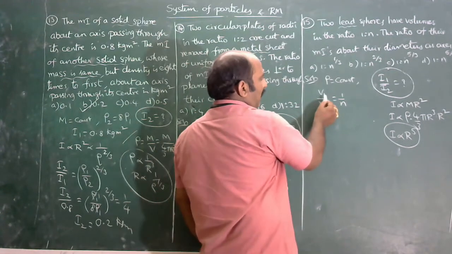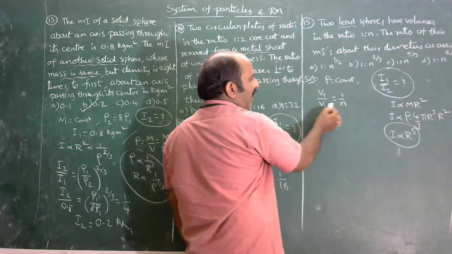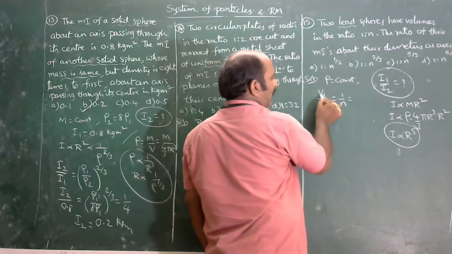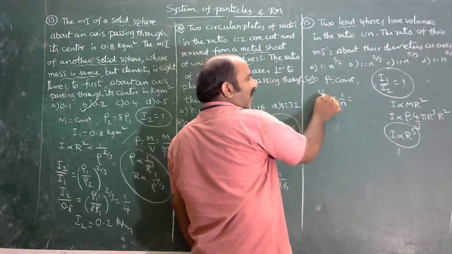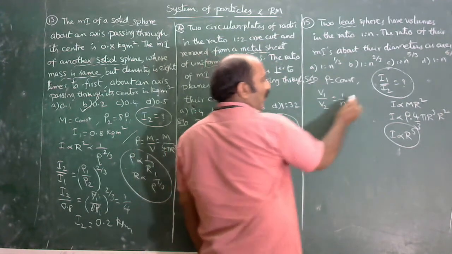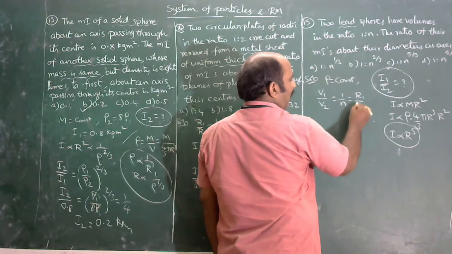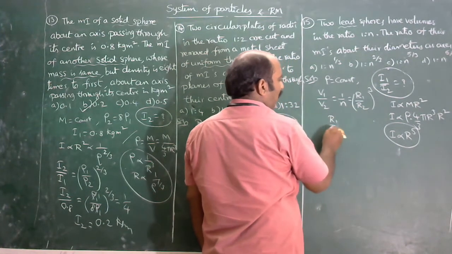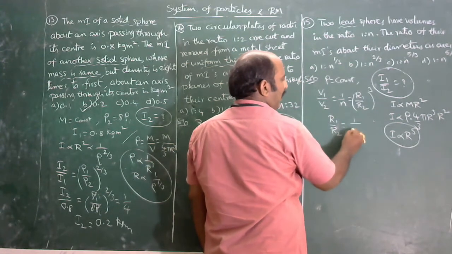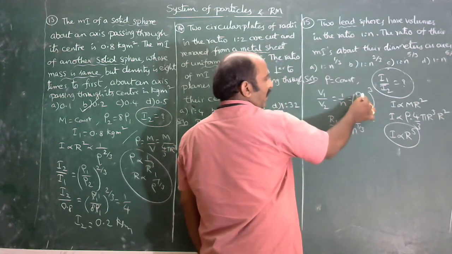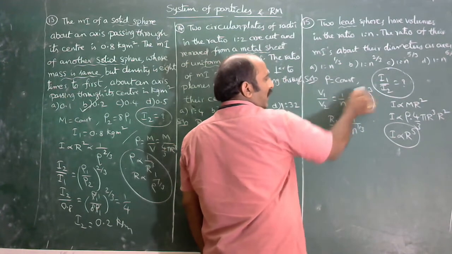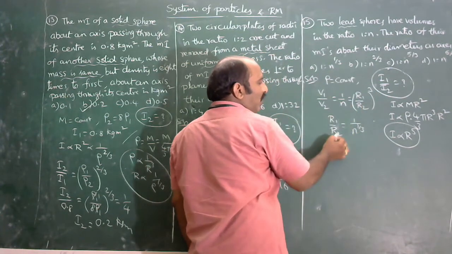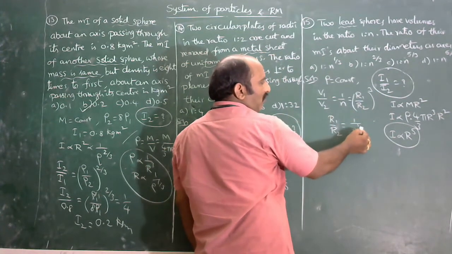But the condition is given as V1 by V2 is equal to 1 by n. This is equal to 4 by 3 pi r1 cube by 4 by 3 pi r2 cube. Finally we get r1 by r2 whole cube. If r1 by r2 whole cube is 1 by n, then r1 by r2 is 1 by n power 1 by 3.